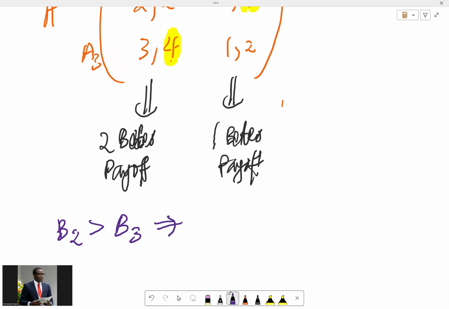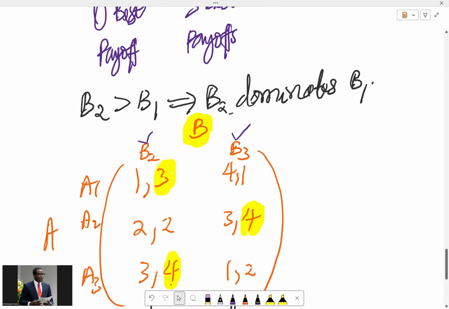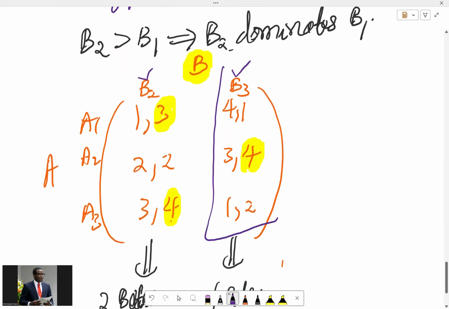That's the same as saying B2 dominates B3, and anything that is dominated has to go. So B3 is out of contention now. We can cross out B3, because it's dominated by B2.